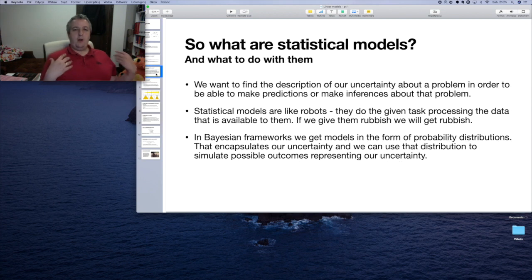Either way, what do we really want to do? We want to create a statistical model, and we want to find the description of our uncertainty about the problem in order to make predictions or inferences about this problem. However, whatever we want to do, statistical models still encode only that information. A statistical model is a computer program that we use.